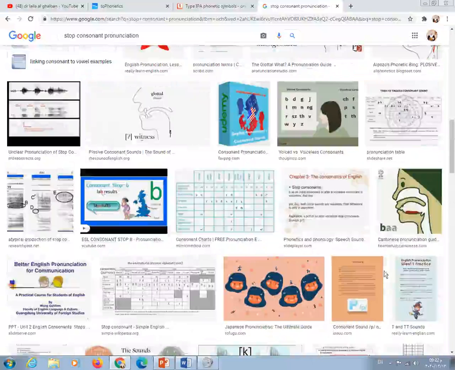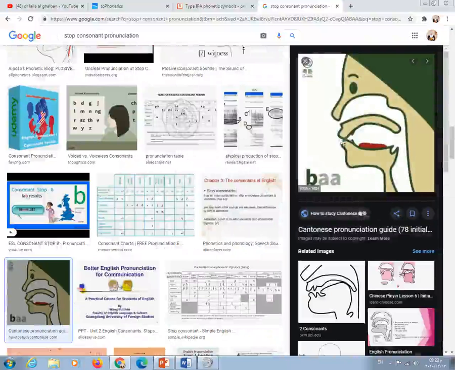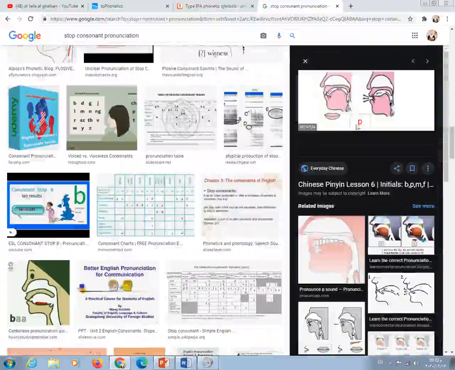This is, for example, the b sound. Look at the two lips as you see the b sound, and look at the difference between it and this, the p sound. Here, look at the three stages of the production of voiceless stop consonants.